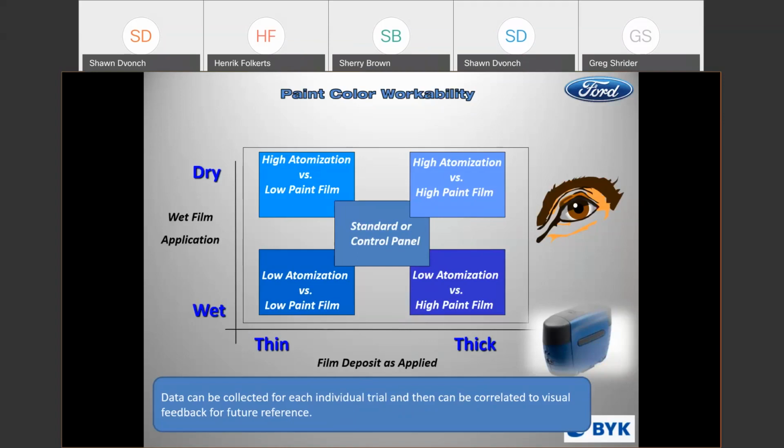And then we're looking at the film deposits as applied from thin to thick. So we could look at a very thin film build with a very high atomization, to a very thick or very high film build with a very low atomization. So we can look at what happens with this paint as we move forward. Once again, I don't have some of the data here because we haven't utilized this too much in the workability phase.